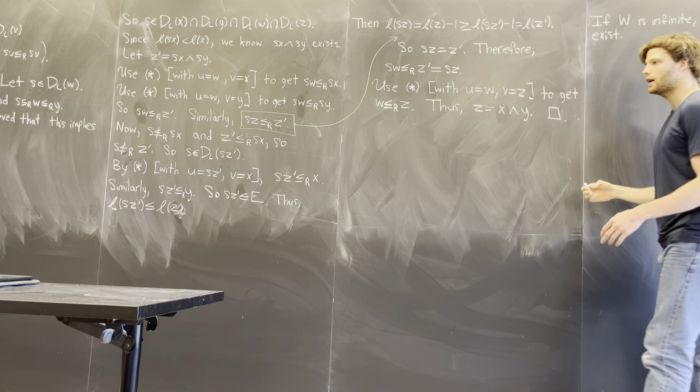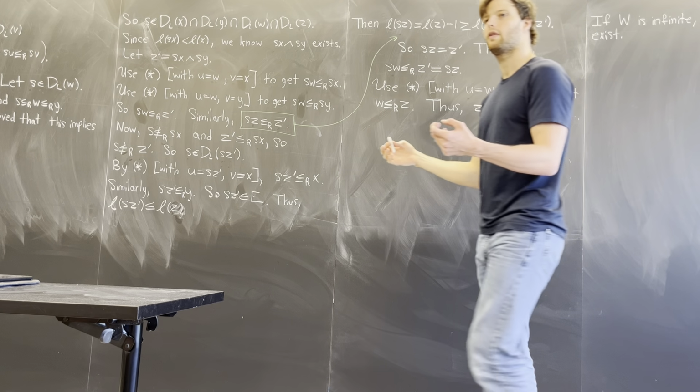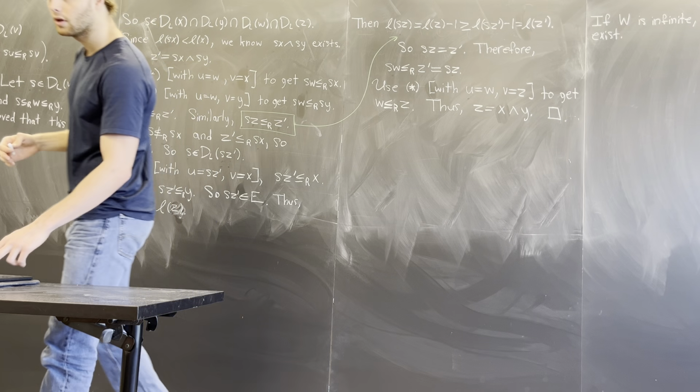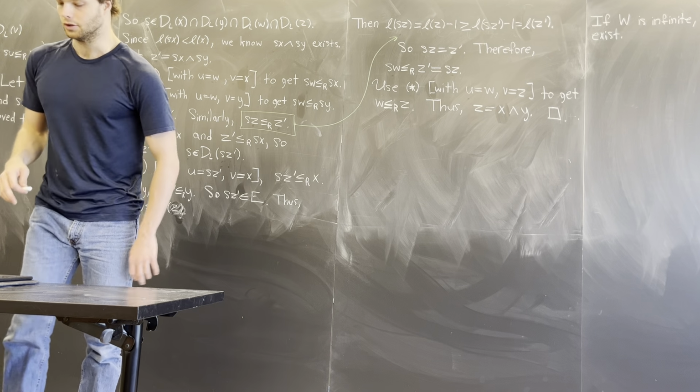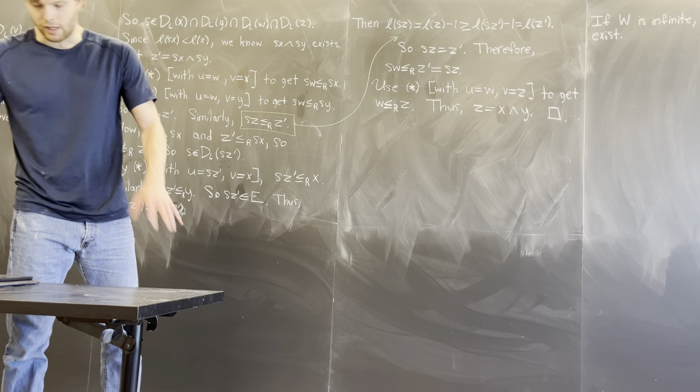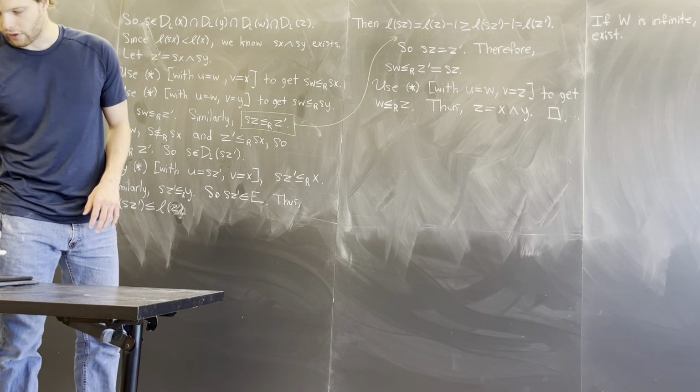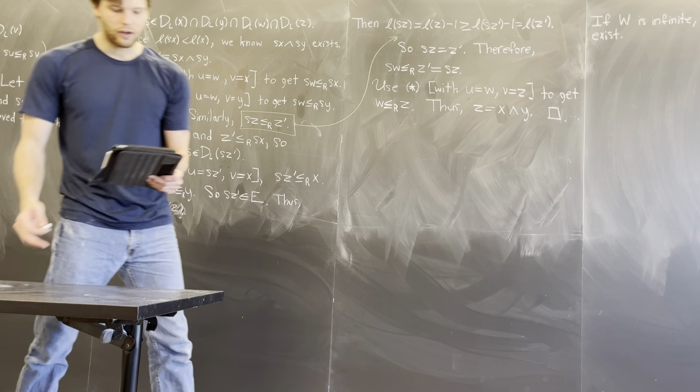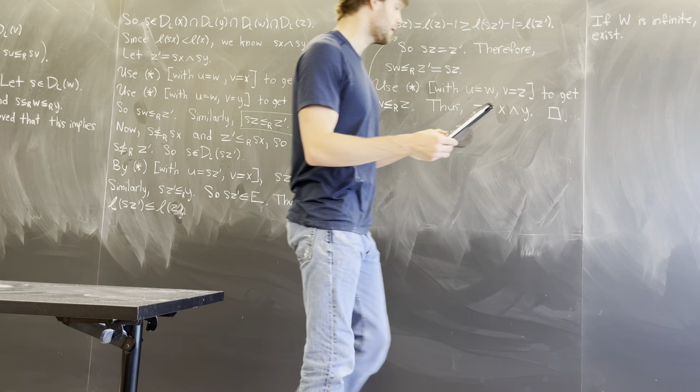So it's possible to find two elements that don't have an upper bound. It's also possible to have bigger sets that don't have an upper bound. But if they do have an upper bound, then they will have a least upper bound.